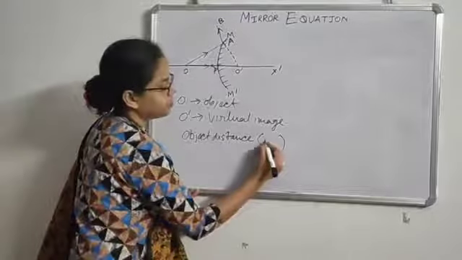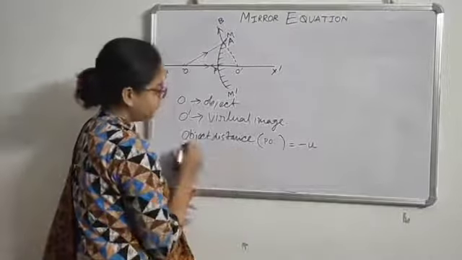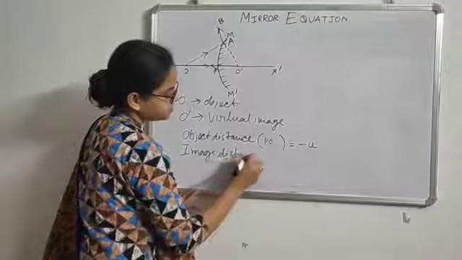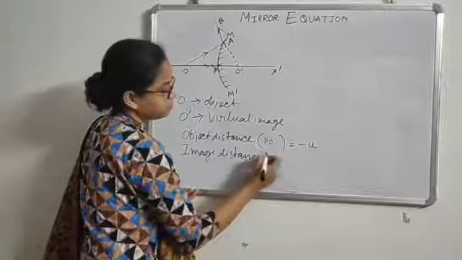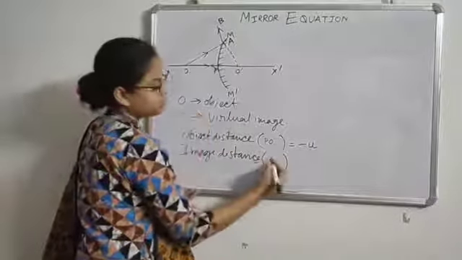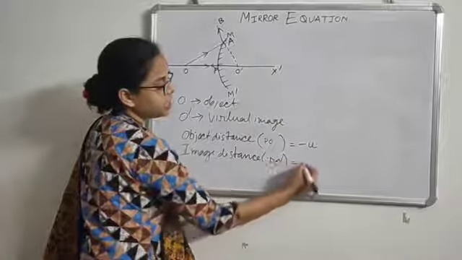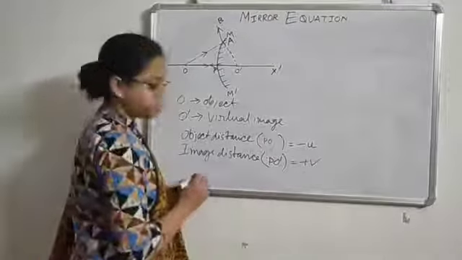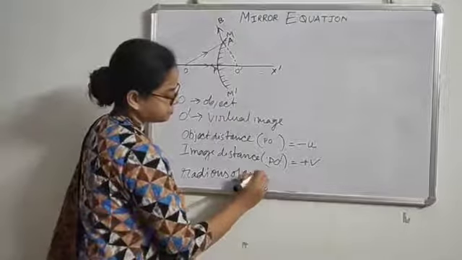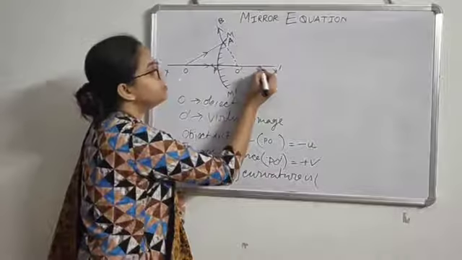So PO can be written as minus U. Image distance is PO dash, as O dash is the image and we have measured the distance from the pole, that is plus V. Radius of curvature is PC.